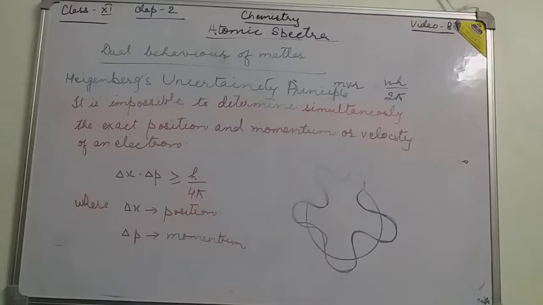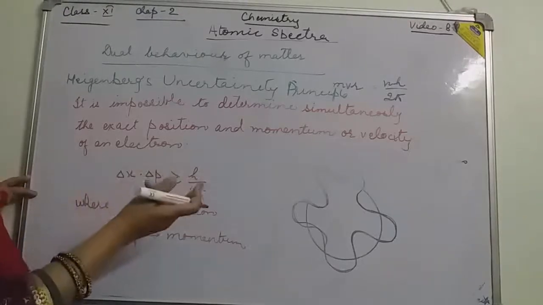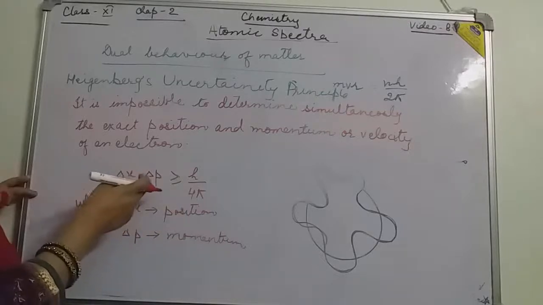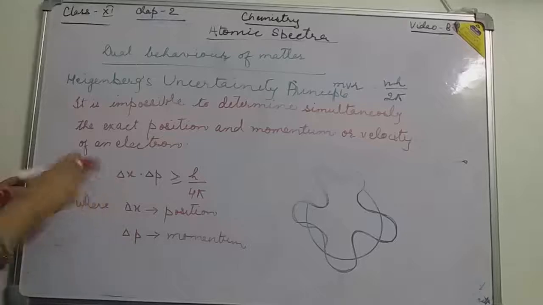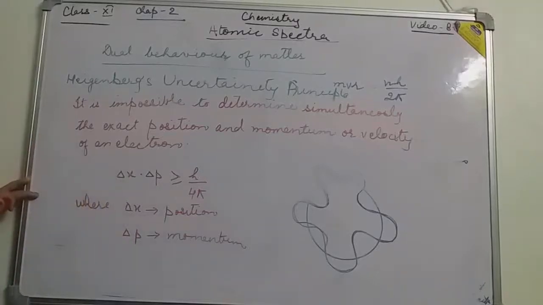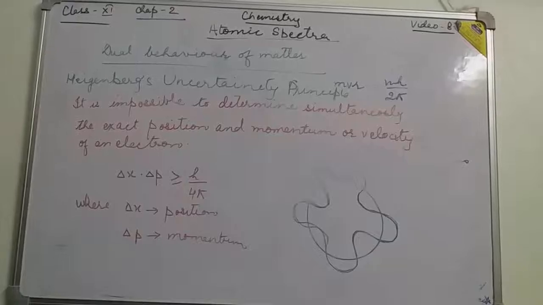If we determine x exactly, then p becomes infinity, and if we determine p exactly, x becomes infinity. So this is the Heisenberg uncertainty principle.